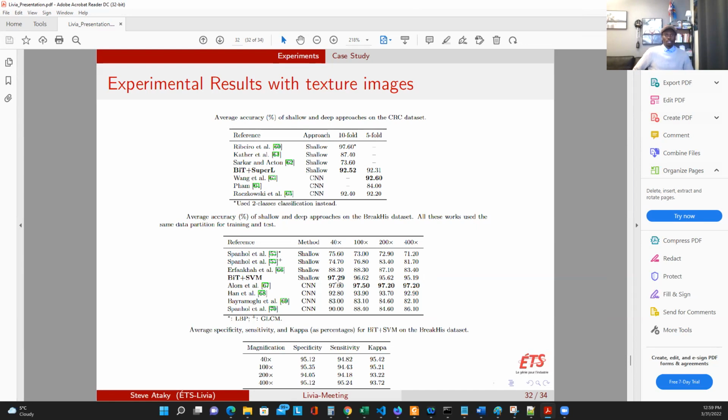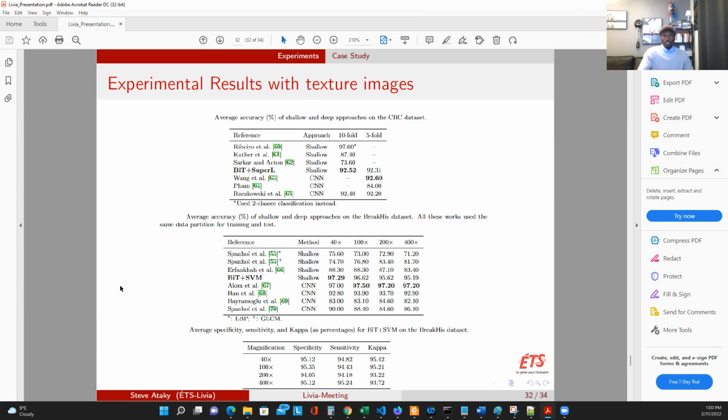We do not need a bunch of parameters as the CNN requires, even though there are some CNN architectures that require fewer parameters, but it takes time and also needs a bunch of data, which in the context of medical images is a bit restrained.